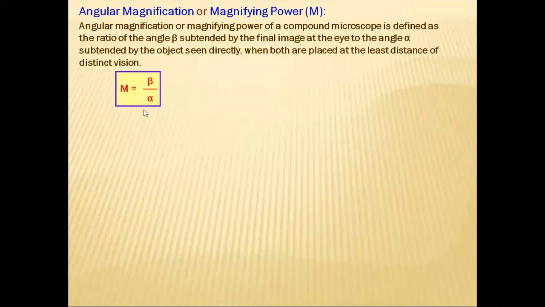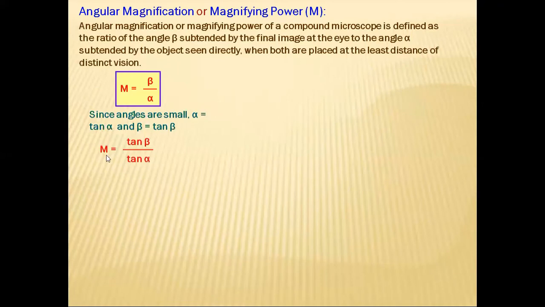For this, there is a magnification formula: we take M equal to beta by alpha, and since this is very small, we take M equal to 10 beta by 10 alpha, the length by the height. So M is equal to A double prime B double prime by D into D by A double prime.